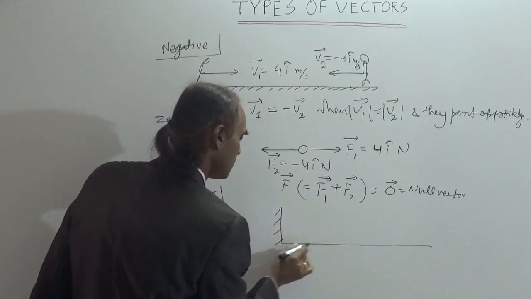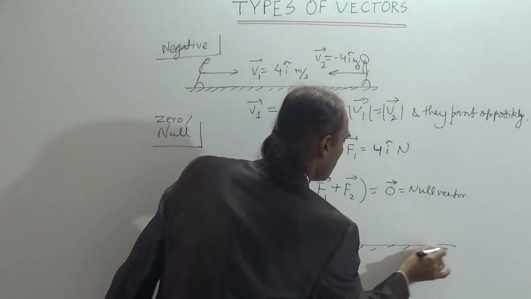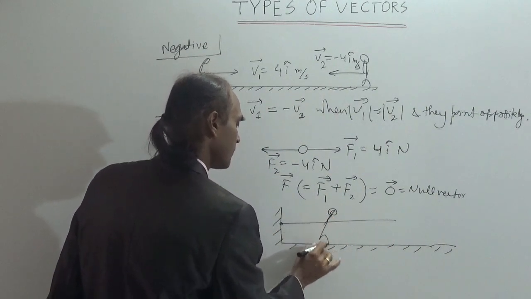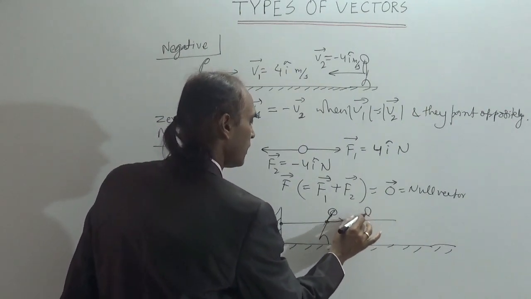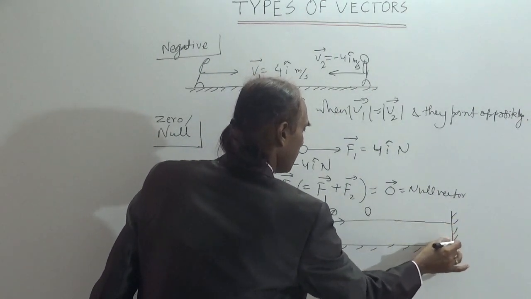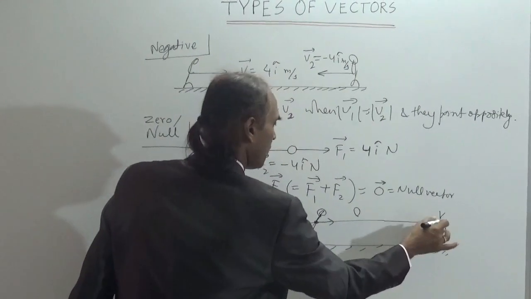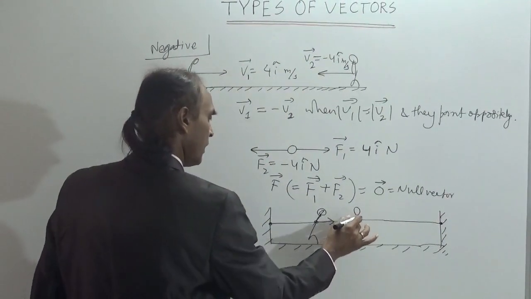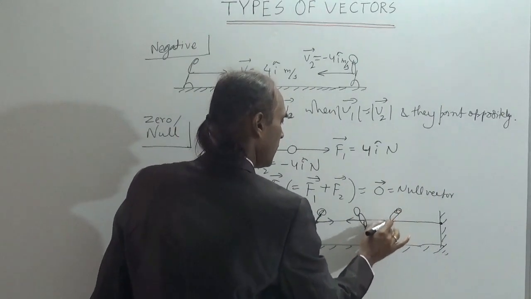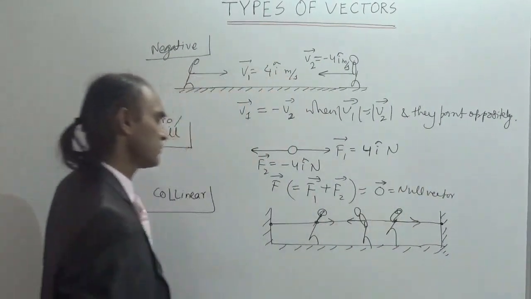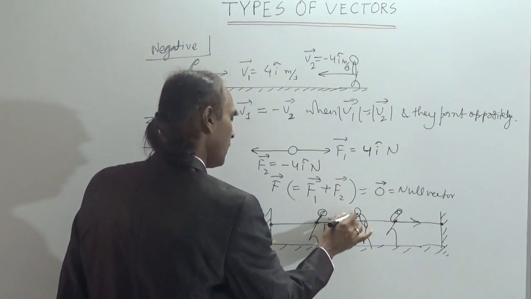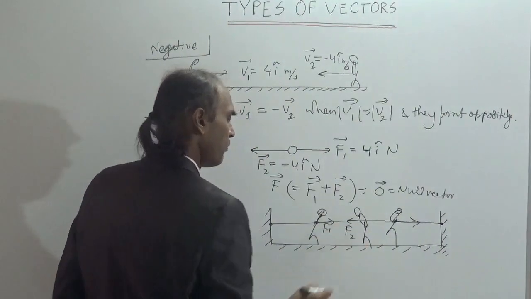For this purpose, let us take a rope tied tight here. You pull the rope in this way, and you can tie the other end of the rope at this point. Another guy is pulling the rope in this way. You are pulling this rope with force F1. Your friend is pulling this rope with force F2 in this direction.